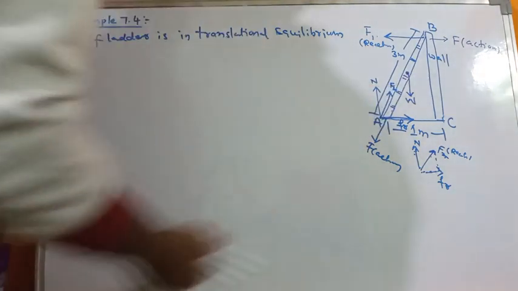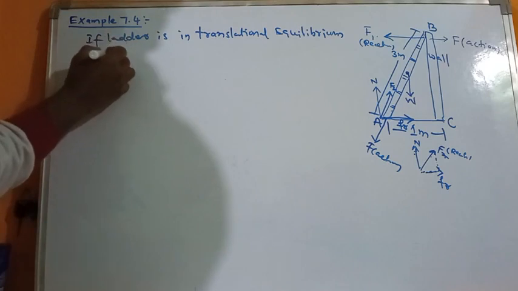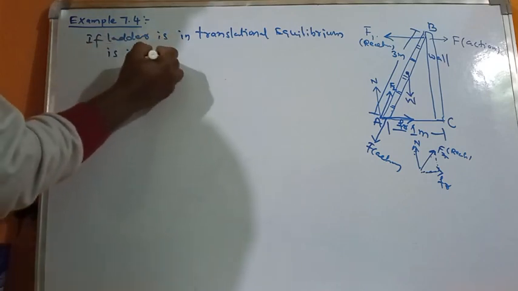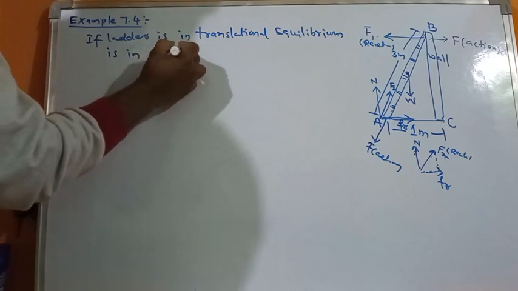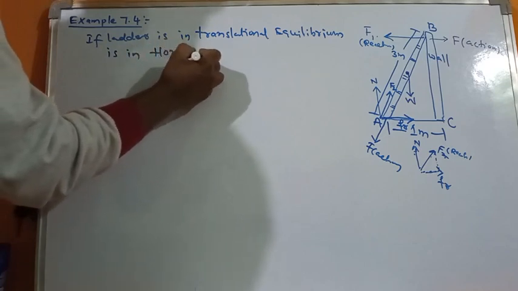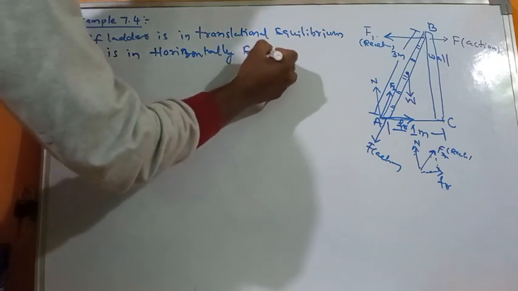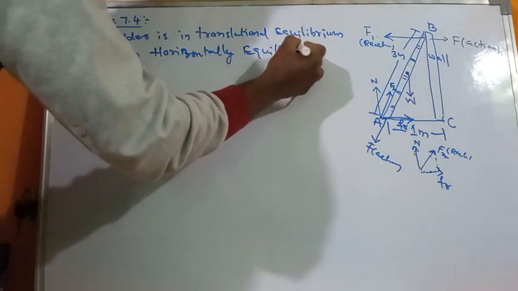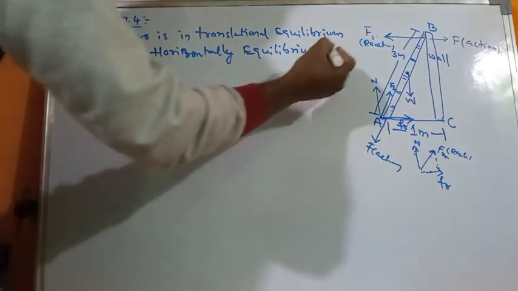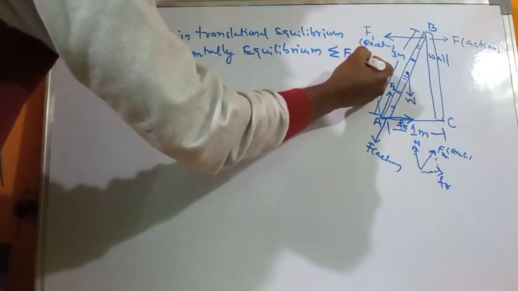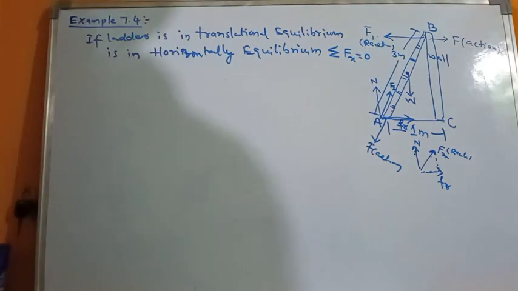Okay, if the ladder is in horizontal equilibrium, the sum of all forces in the horizontal direction is equal to 0.